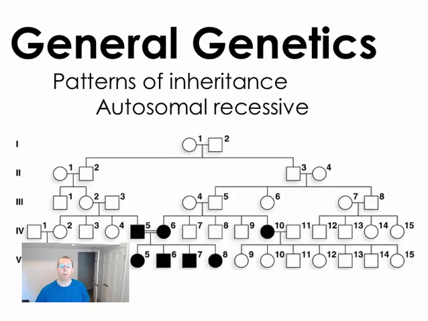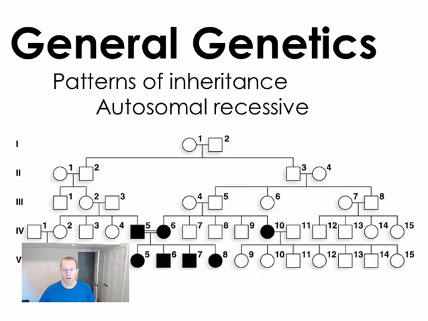Now we can compare that pattern of inheritance with what we see with autosomal recessive. And in these pedigrees, we see that individuals with the disease can be born to unaffected parents. So if we do a heterozygous cross, we would have the possibility of a homozygous recessive individual who would then have the disease, even though the parents did not.